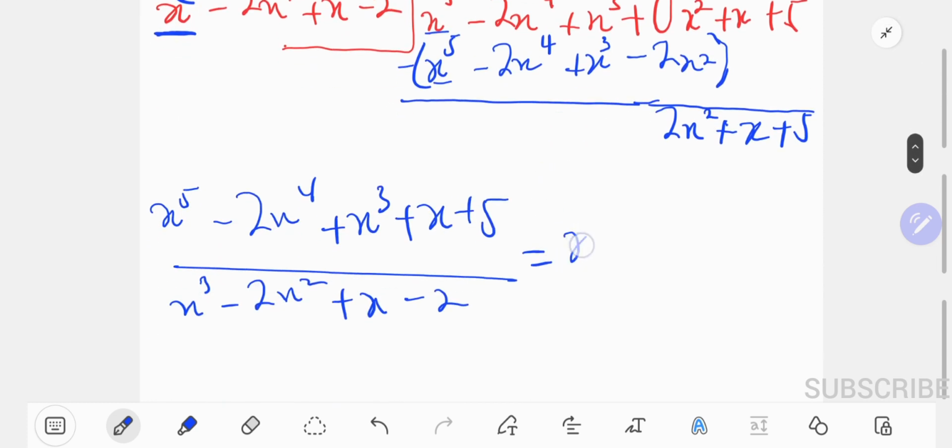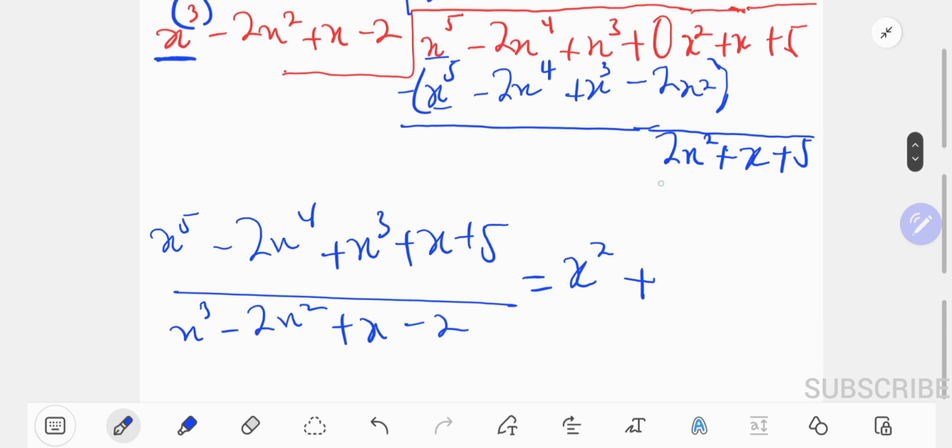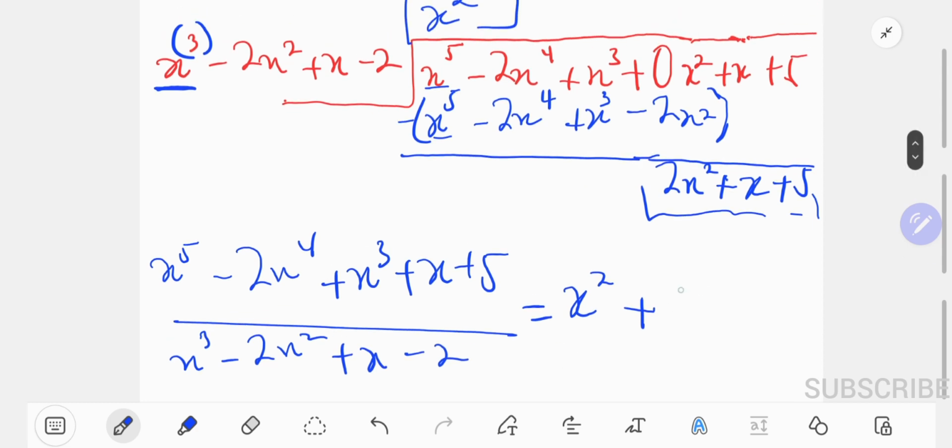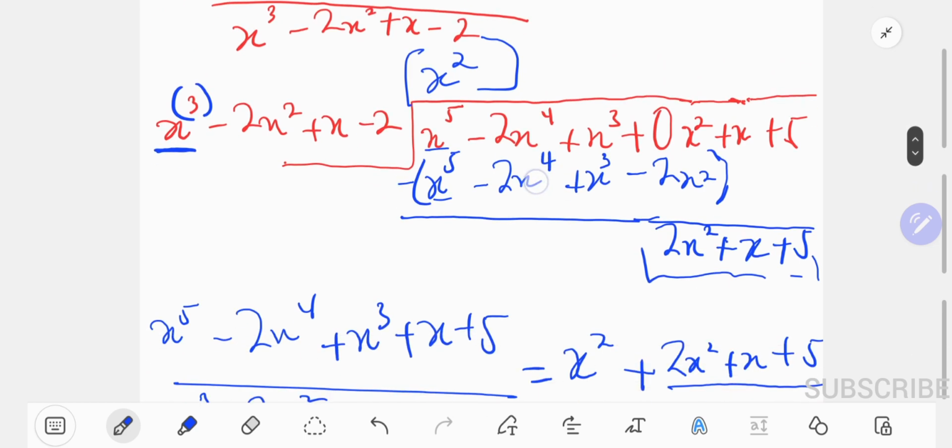So that is x squared. So it's a quotient plus your remainder. The remainder is what we have right here. Okay, so what's our remainder? That is 2x squared plus x plus 5. So quotient plus remainder, and then the remainder is being divided by the divisor.